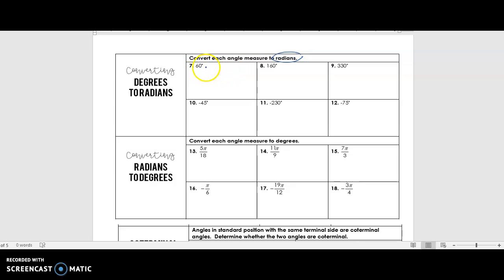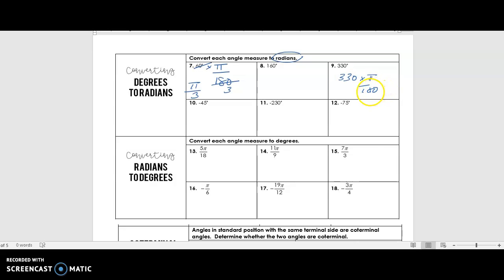When you do not see a pi and he wants you to convert into radians, then put pi in the numerator over 180. Both are the same, right? Pi and 180 are the same. So we are just converting into pi. We just have to reduce the fraction. So this becomes pi over 3. So pi over 3 is 60 degrees. Likewise, we can try 330 times pi over 180, right?